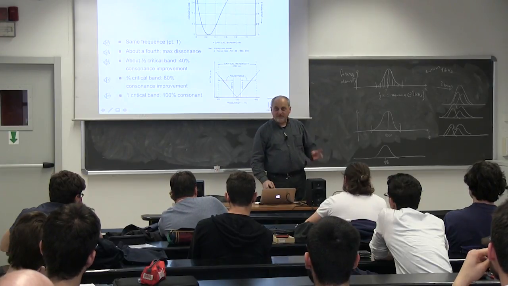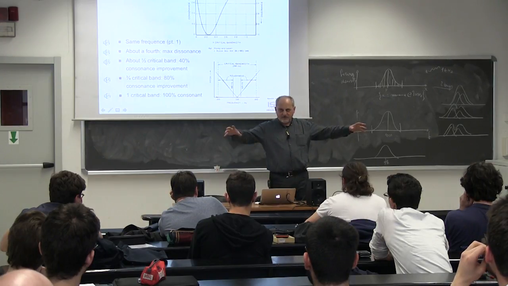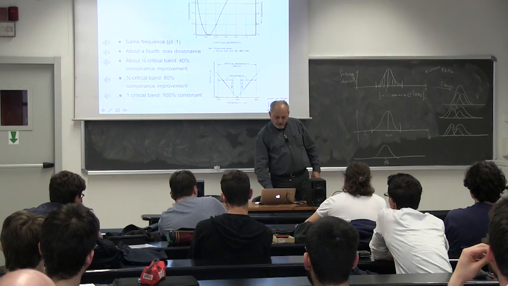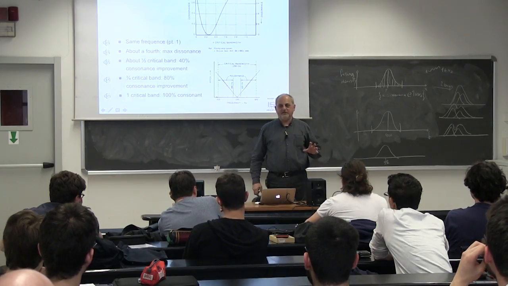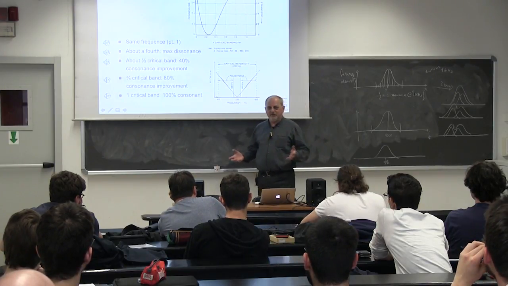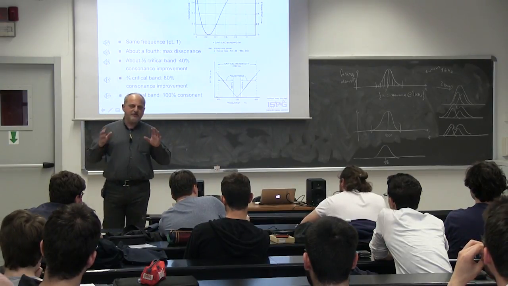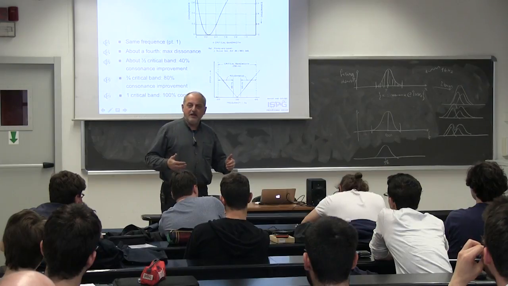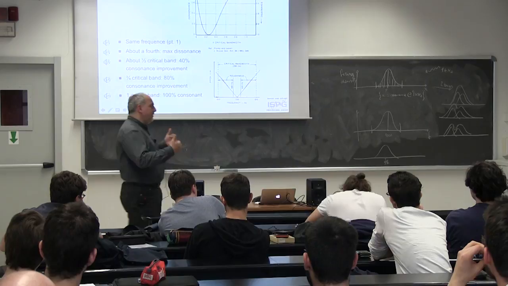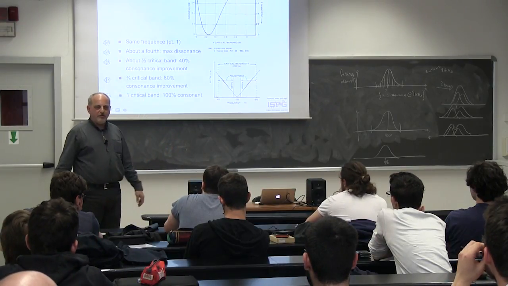Half critical band is a distance of one tone, more or less. It changes from bandwidth to bandwidth, but it's more or less one tone. And people consider it 40% consonant. What does it mean? That means that someone, and usually these are American universities in the 70s and 80s that did a lot of perceptual experiments that were extremely useful for designing algorithms for compression and encoding, asked people, paying $10 for each person to undergo the test.